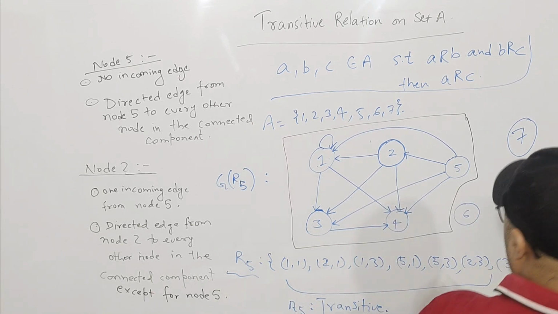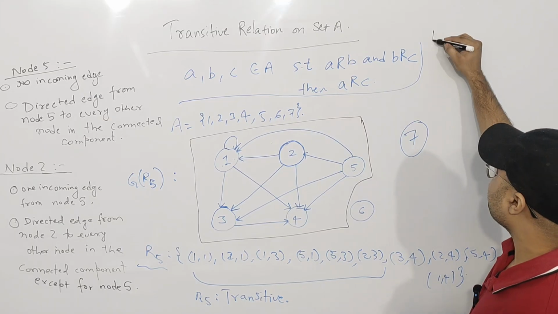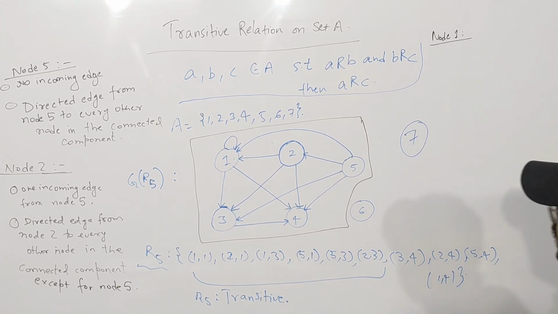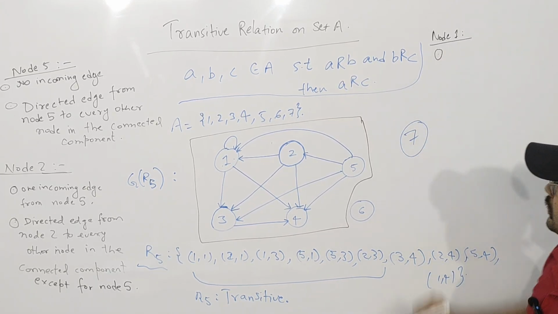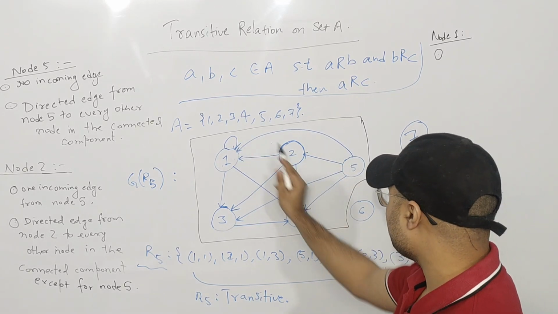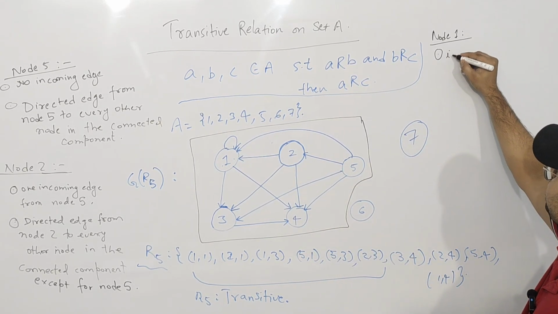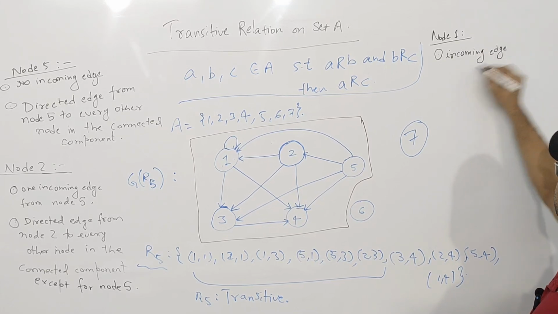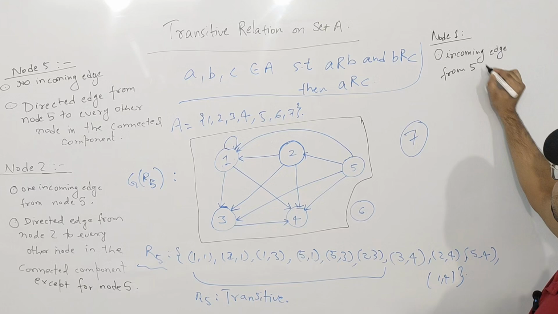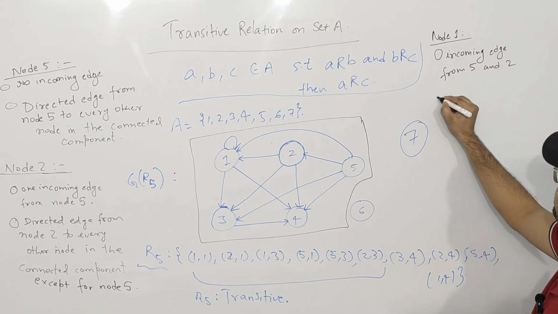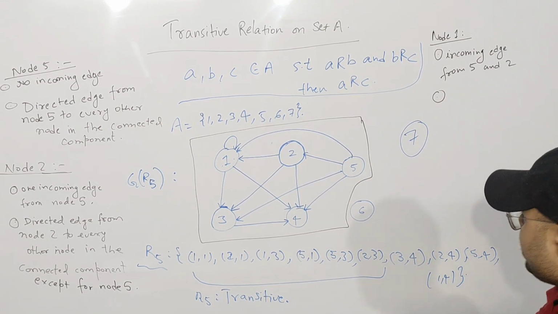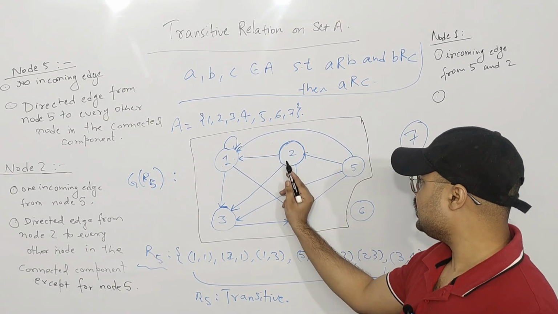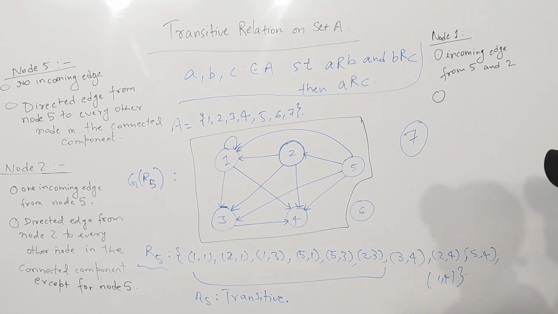Now let's look at node 1. For node 1, you have an incoming edge from 5 and an incoming edge from 2, right?